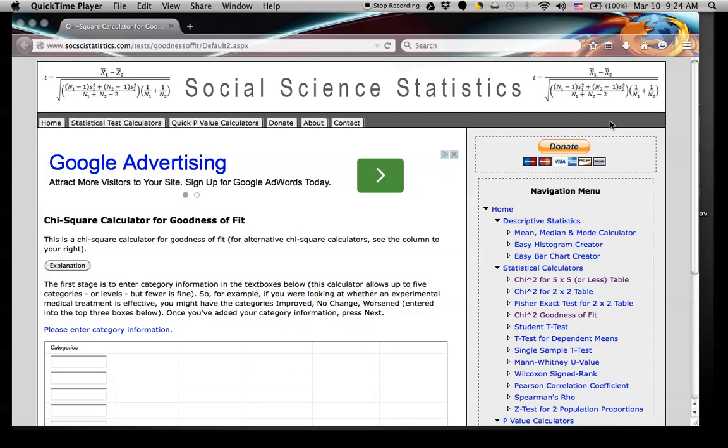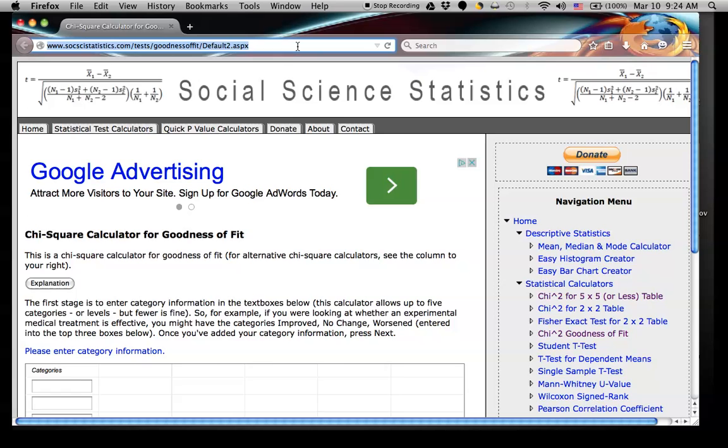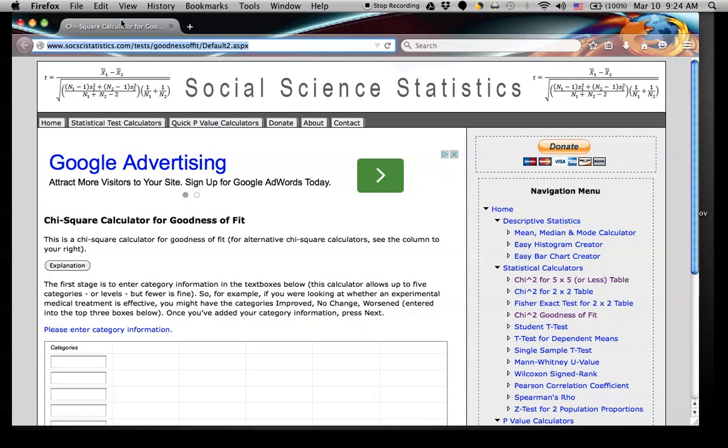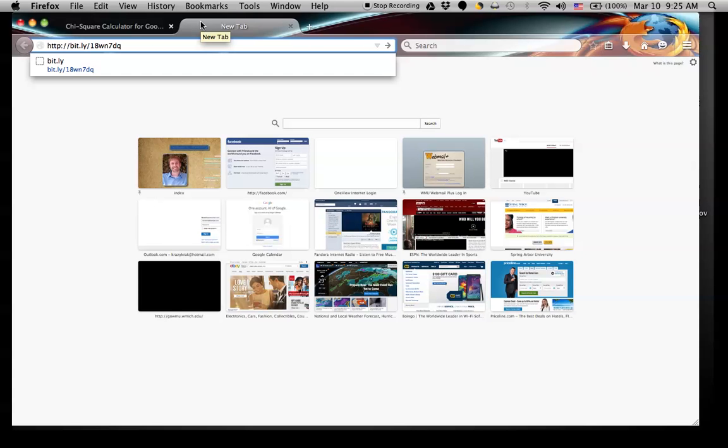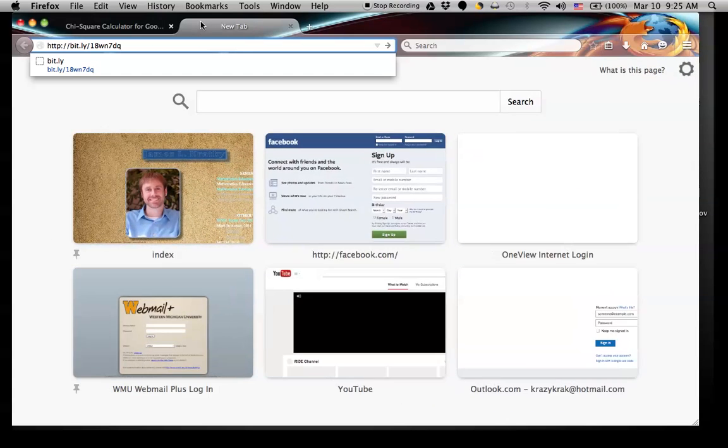For step number 2, we're going to set our critical value. We've been using that 0.05, and so when I look at this web page right here, I'll give you access to this in 2 different ways. This right here is the full URL address. If you want a shortcut, this is the shortened URL that we used, and I can make this bigger here.